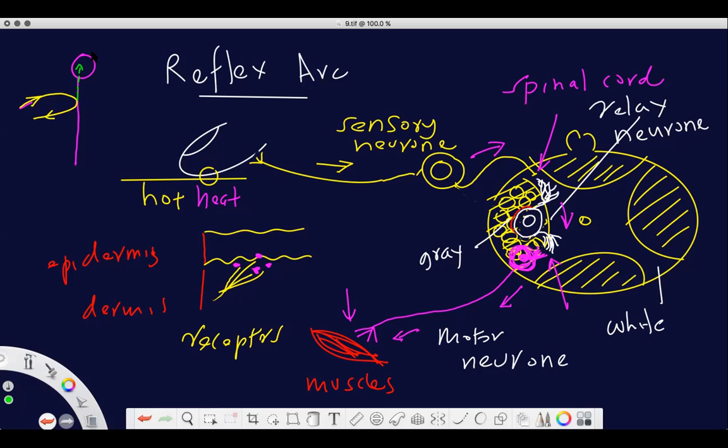Okay, so here the important thing is that we have three different neurons because of their location and also their shapes. Basically, the sensory neurons are connected to the receptors, and the cell body is not in the spinal cord, and it has two long axons.